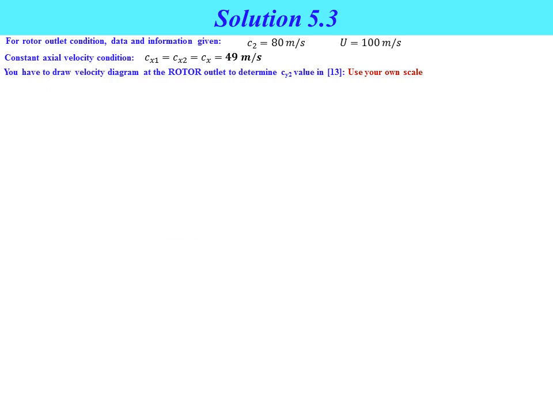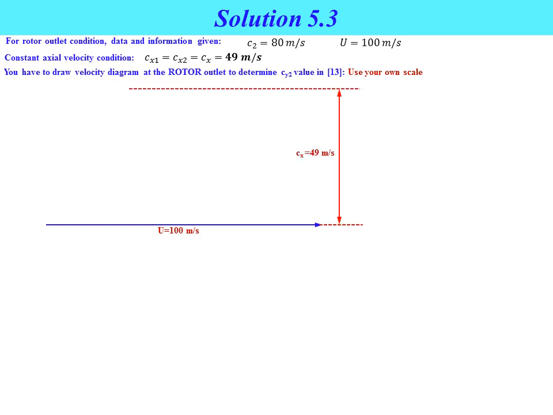Still, you need to use your own scale. First draw the vector U, because you already know the magnitude and direction. Because we already know the axial velocity value, we just draw the upper limit and lower limit lines for the axial velocity, representing 49 meters per second.